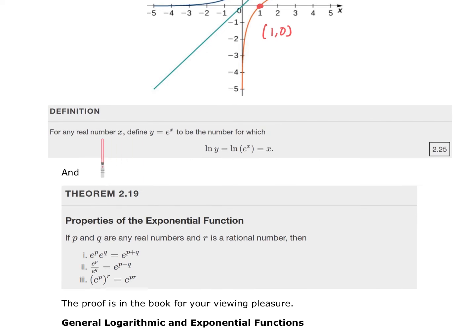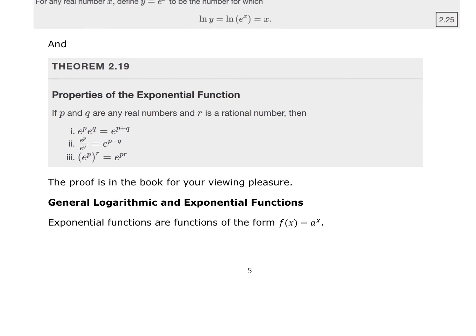For any real number x, define y equals e to the x to be the number for which the natural log of y is equal to the natural log of e to the x, which is equal to x. And of course, we get these properties of exponential functions, and all of the proofs are in your book for your viewing pleasure. Now you're like, why is this different than what we've had before? Well, it's not. We're just now defining it more rigorously in math.